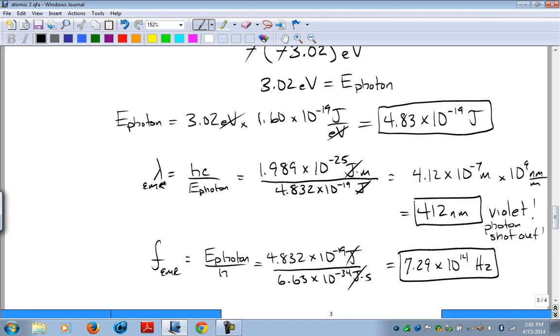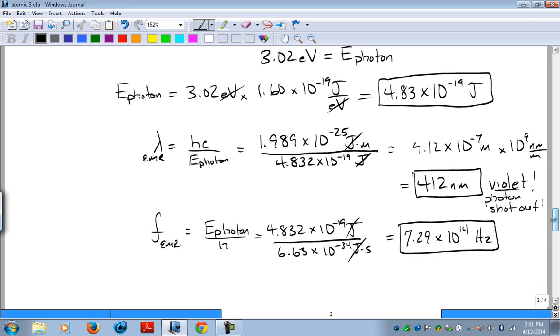Using the wavelength Planck equation, hc over the energy of the photon is the wavelength of the wave nature of that light associated with that photon energy, and it works out to be 412 nanometers, which is visible to humans, violet light. So from that transition, from that single atom, a violet photon would emerge.